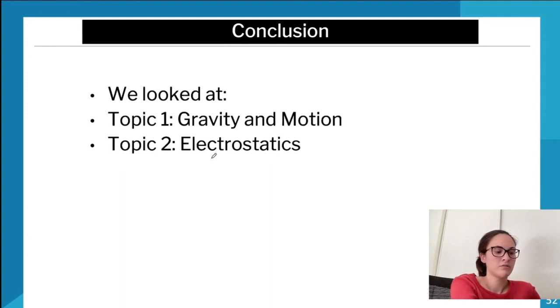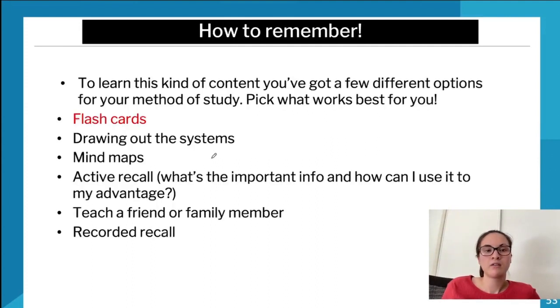Alright, so today we looked at gravity and motion, and a little bit of electrostatics. And just some tips on how to remember stuff. To learn this kind of content, we've got a few different options. This is some of the stuff I've found particularly helpful. I highlighted flashcards here because I use them religiously when going on a bus, before and after class.